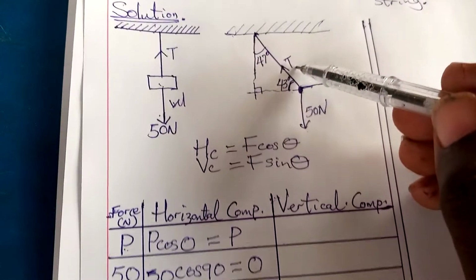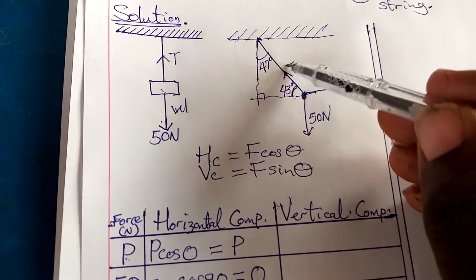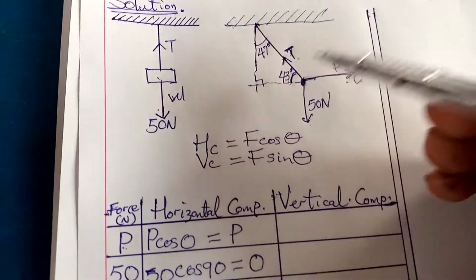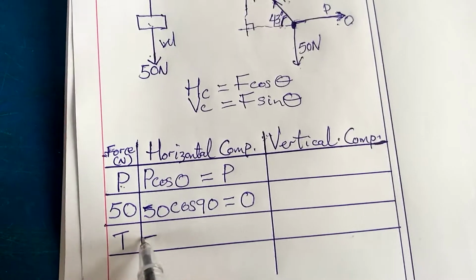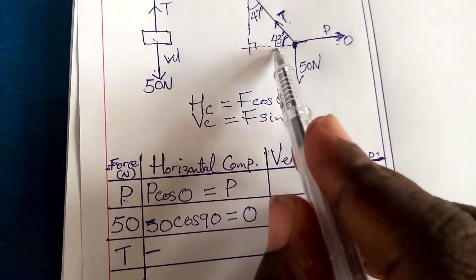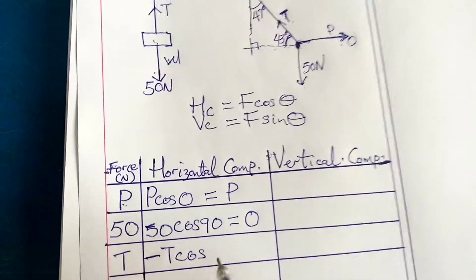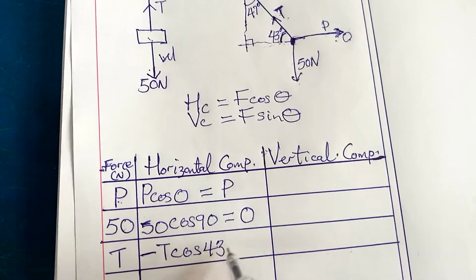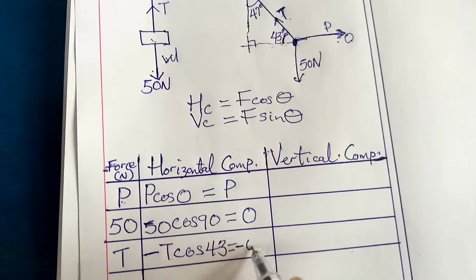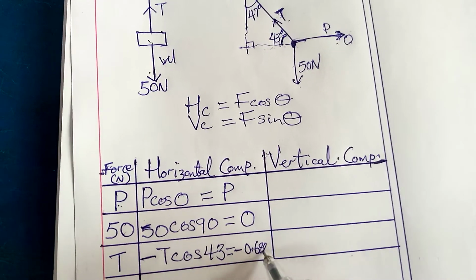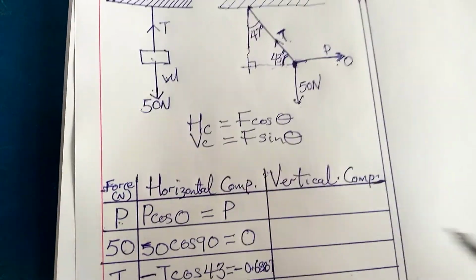Likewise, let's resolve the force in the string, that is T, along the x-axis, that is the horizontal component. That is going to give us negative, because it's on the negative x-axis, negative T cos 43, and that one will give us negative 0.6820 T. So that is that.